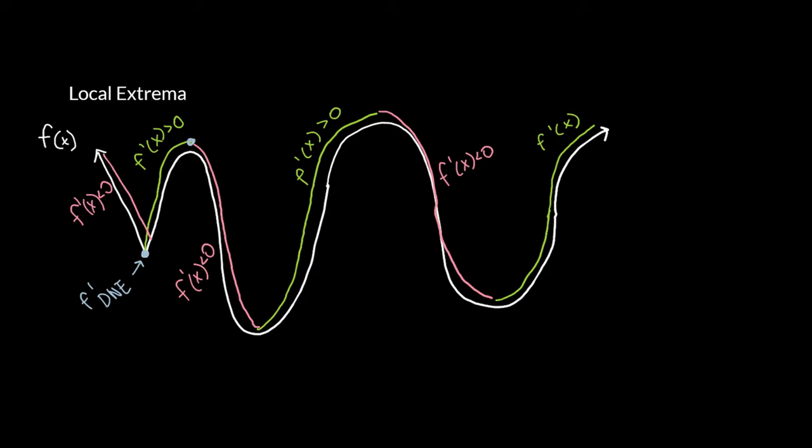But here, when the derivative switches from positive to negative, the slope of the tangent line would be 0, so the derivative at that point is 0. Same here, f prime of x is 0 when the slope switches from positive to negative, and then also here, the slope is 0. And here.